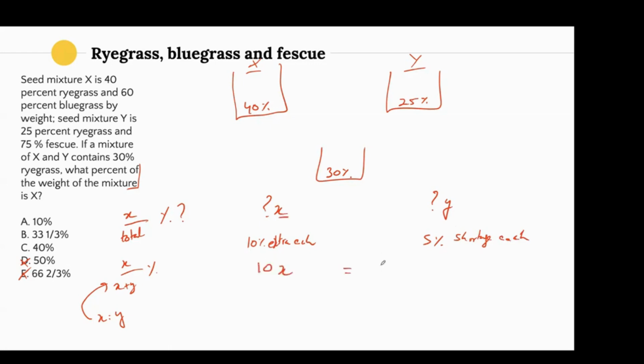Doesn't really matter, right? Divide by 100 will cancel. So 10x equals 5y, or x upon y equals 5 upon 10, or 1:2. And then the total, x upon x plus y, becomes 1 upon 1 plus 2, which is 33.33%, 1 by 3. B is the answer.